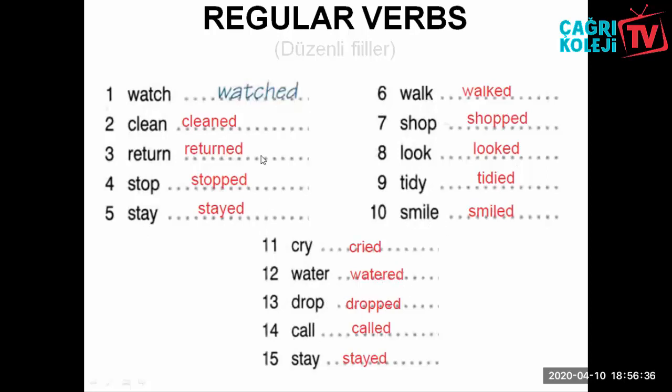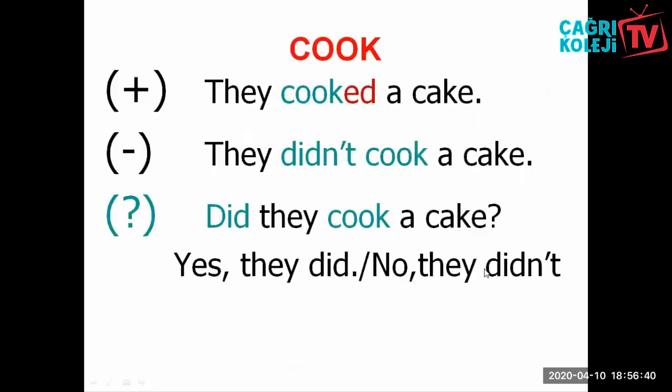You just add ed to the end of the verb and you make your action past. For example, cook. Let's make a positive sentence. They cooked a cake. They didn't cook a cake. Did they cook a cake? Yes, they did. No, they didn't. This regular verbs part of the simple past tense is easy.